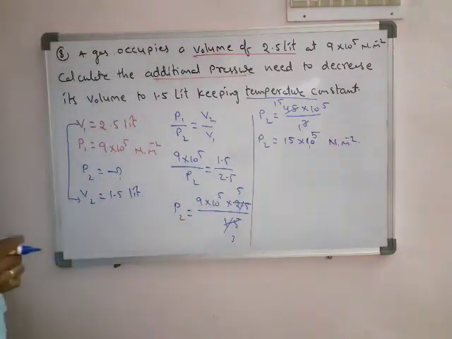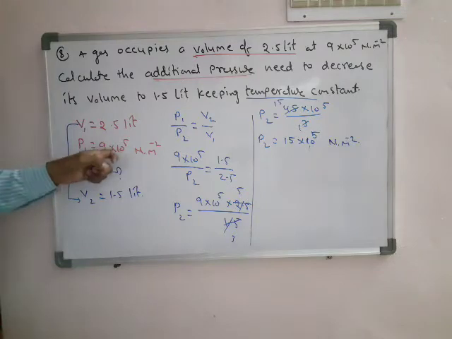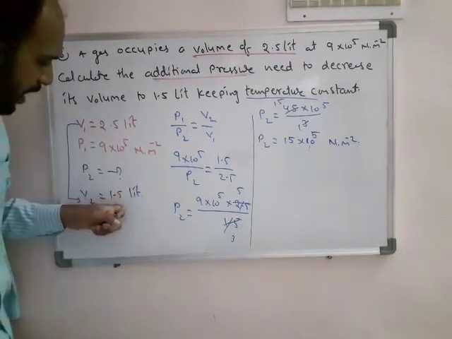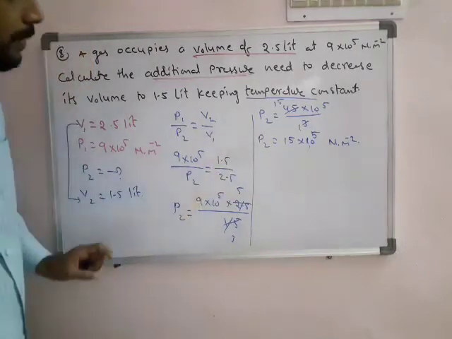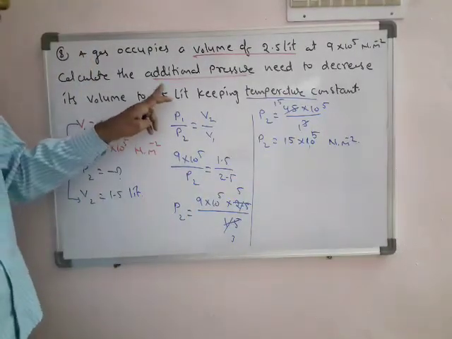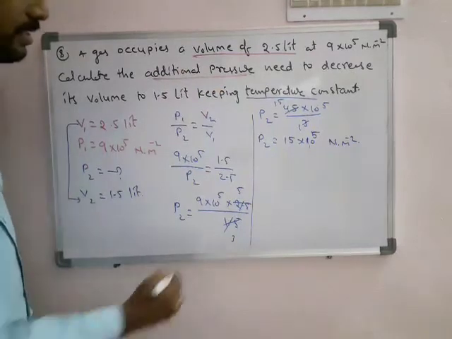So this is the final pressure, starting with just 9 into 10 power 5. When volume decreases, we need to increase the pressure, so the highest pressure comes. But here it is asked for the additional pressure, only the extra pressure.